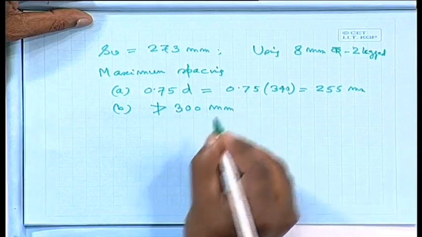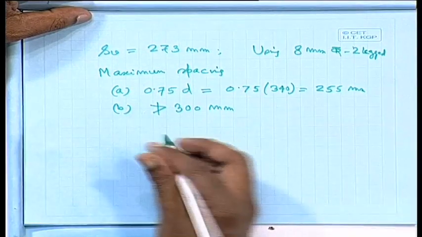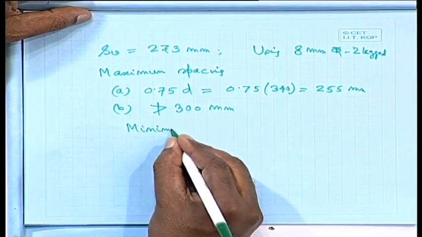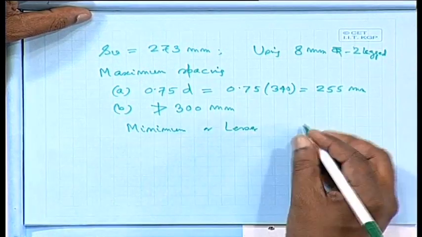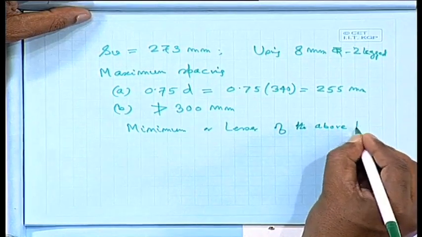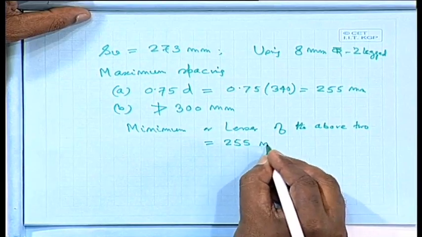So, the minimum, or lesser, of the above two equals 255 millimeter.